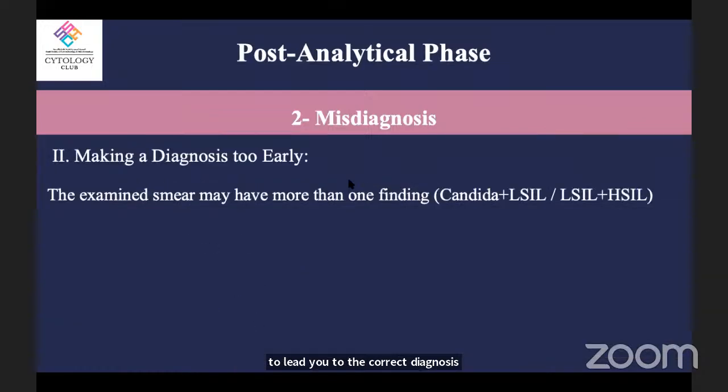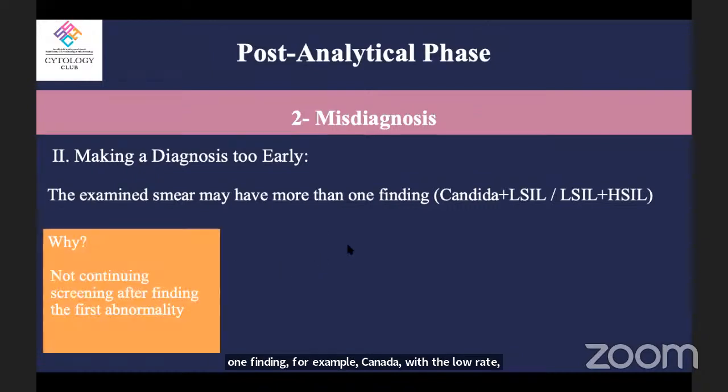The second reason for misdiagnosis is making a diagnosis too early. The examined smear may have more than one finding, for example, Candida with low grade and high grade. So why does misdiagnosis happen here? Because the screening is not continued after finding the first abnormality.